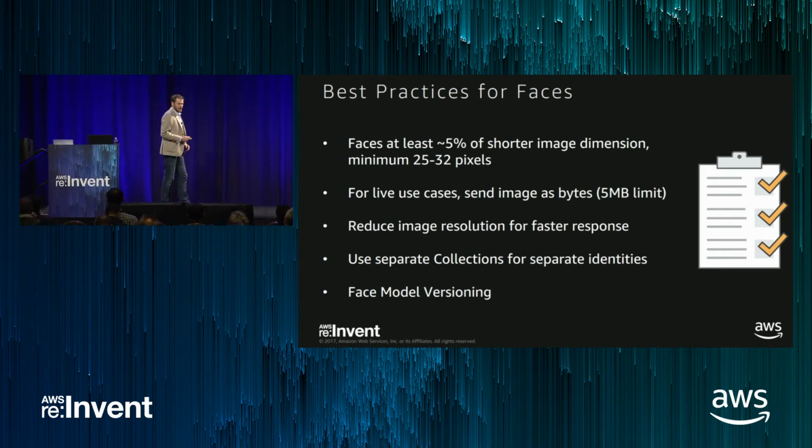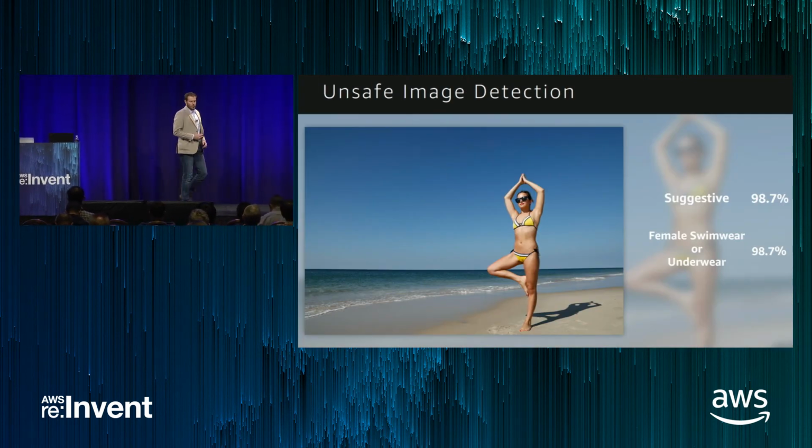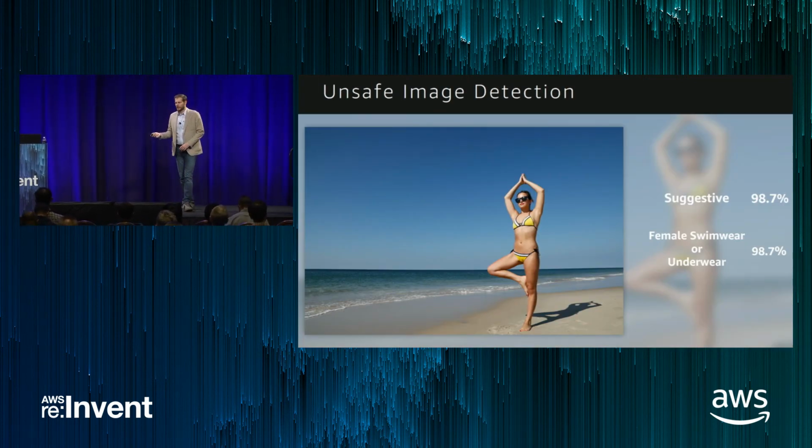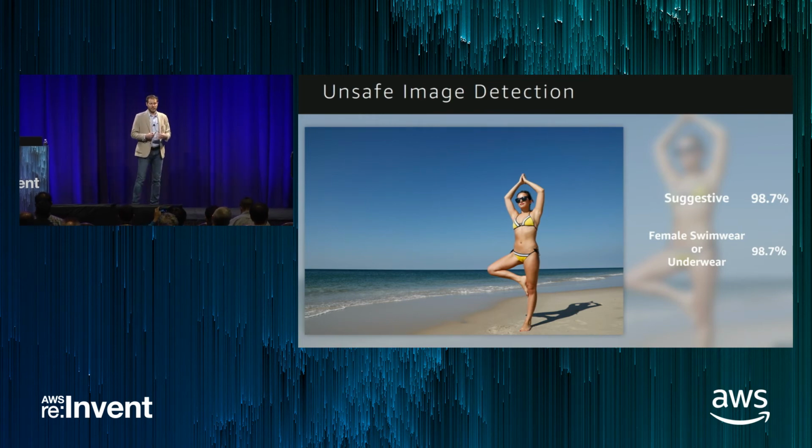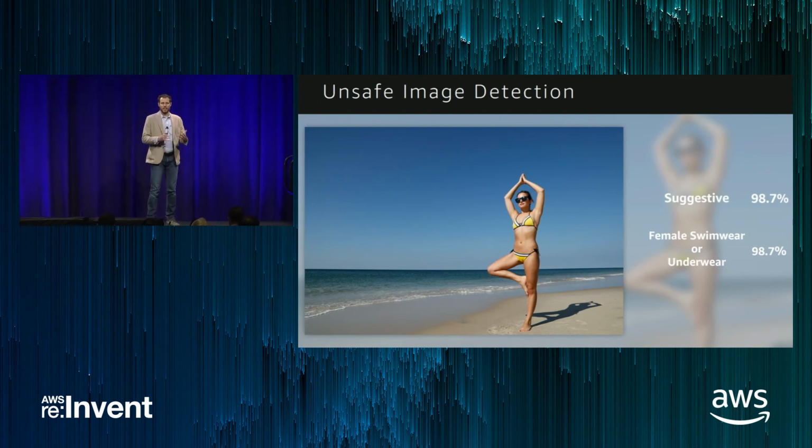Hi, everyone. So one of the other capabilities that we added since last reInvent is unsafe image detection. So in lots of use cases, our customers are asking for ways to detect explicit or suggestive adult content, right? But sometimes knowing that content is explicit or suggestive is not enough.